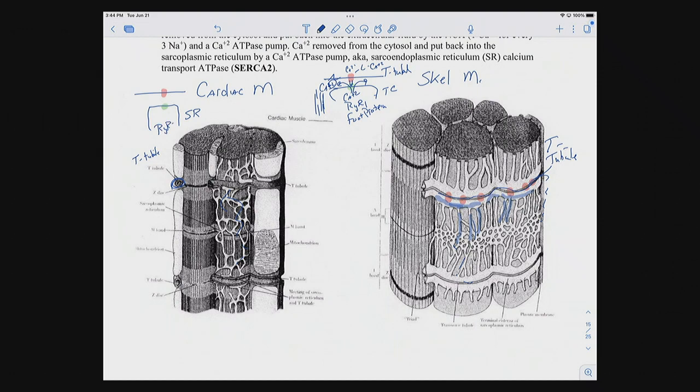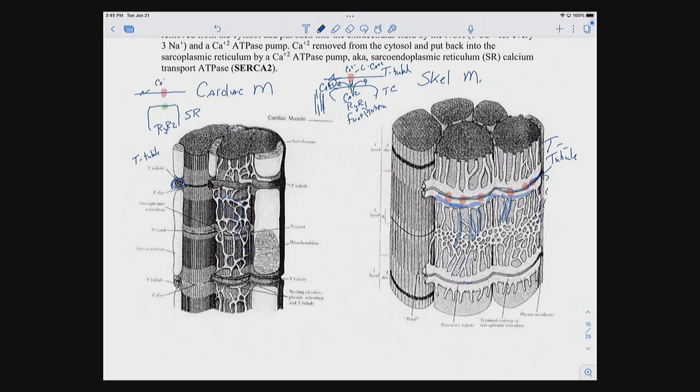RYR2, a ryanodine receptor. So this could be sitting there. Now, one of the differences is for the cardiac muscle, the dihydropyridine receptor is not physically connected to the ryanodine receptor. It's very close, but it's not connected. And so again, in this situation here, you'll have a depolarizing wave.